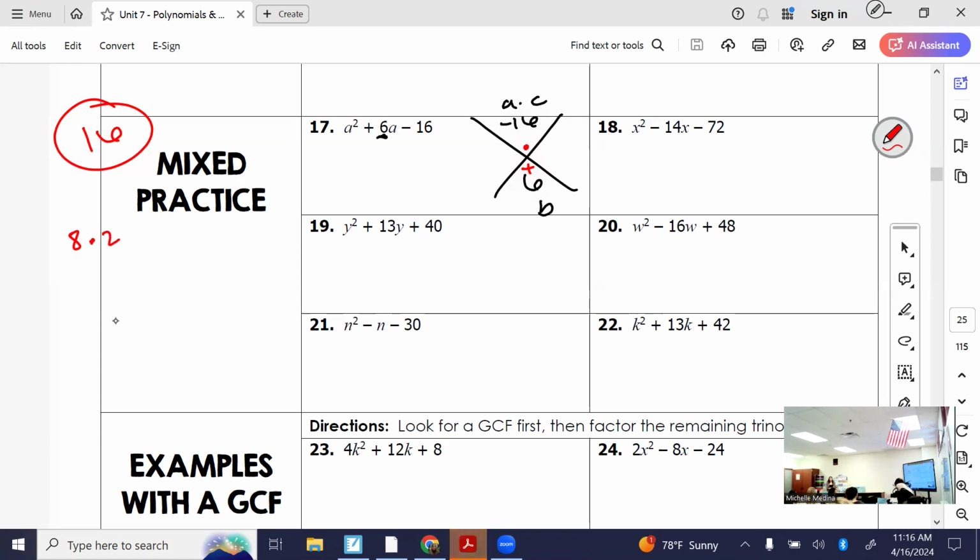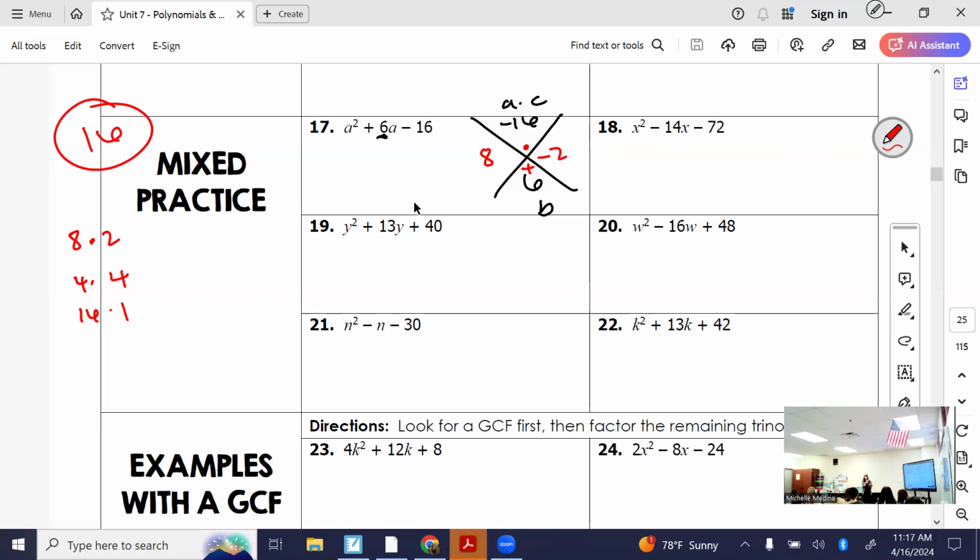Okay, so let's work with that. There's also other numbers that multiply to 16, like 4 times 4, 16 times 1. So let's start with the 8 and 2. Now, if it multiplies to a negative 16, that means one of them has to be negative. At the same time, it needs to add to 6. So which one would have to be negative?